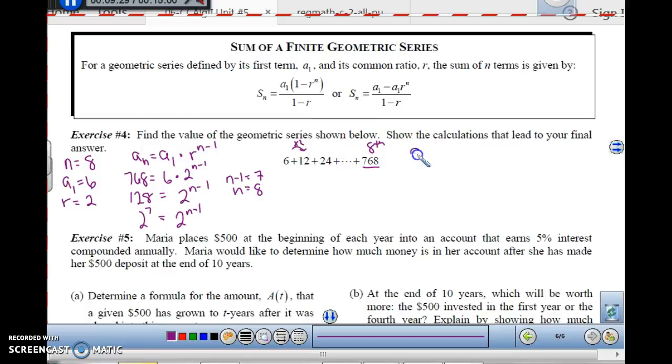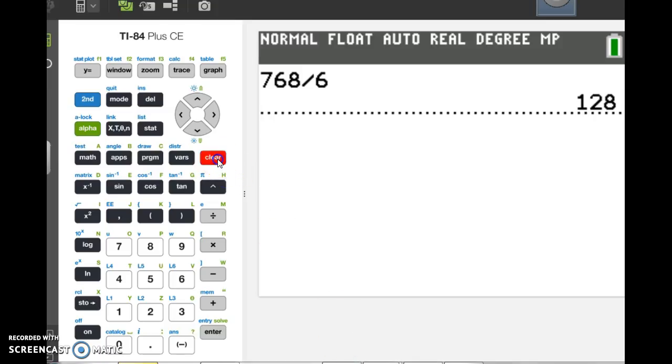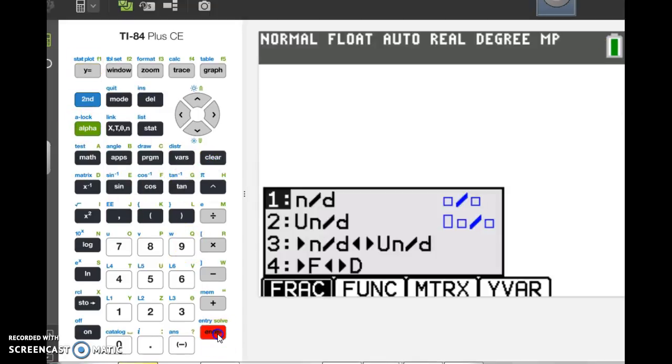So S of 8, because we're looking for 8 terms of the sequence, is equal to a1, which is 6, times 1 minus 2 to the n, which was 8, over 1 minus 2. I go to my calculator and use my alpha key so I can put it all in at once.